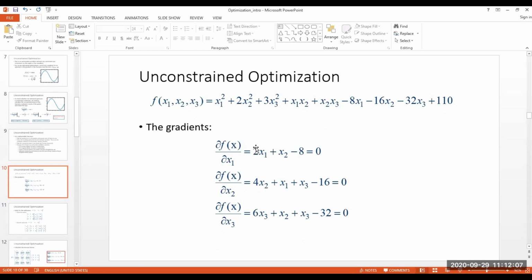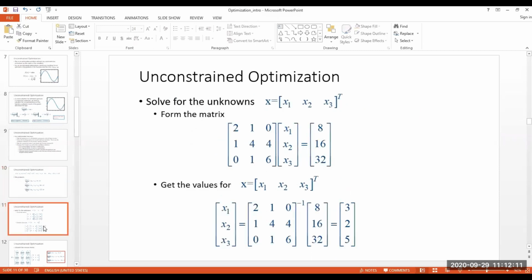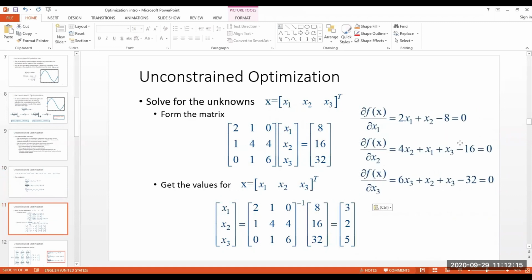If I take the next slide, just for easiness of understanding, you see, simply I'm formulating the matrix here. My unknowns are x1, x2, and x3. So I start with x1. I simply take the coefficients, 2x1 plus x2. There is no x3 here, equals 8, okay, like this.